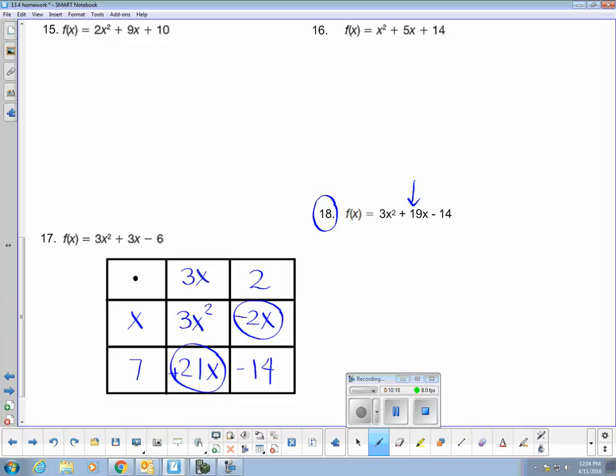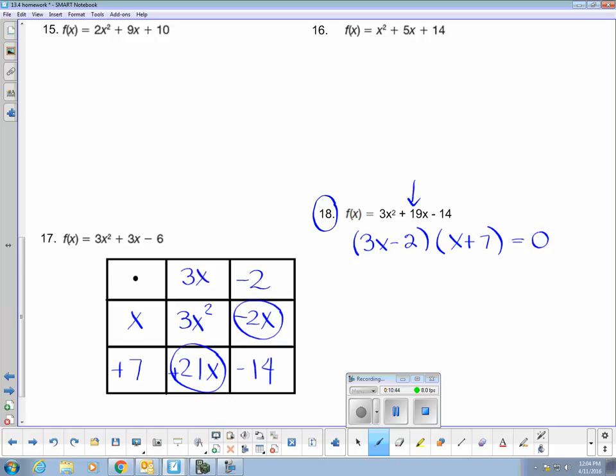And I notice that I can take these two terms and get those to be a positive 19x if this term is positive and the 2x is negative. That would give me a positive 19x. So that means my 2 needs to be negative and my 7 needs to be positive. So it looks like my factors are 3x minus 2 and x plus 7.